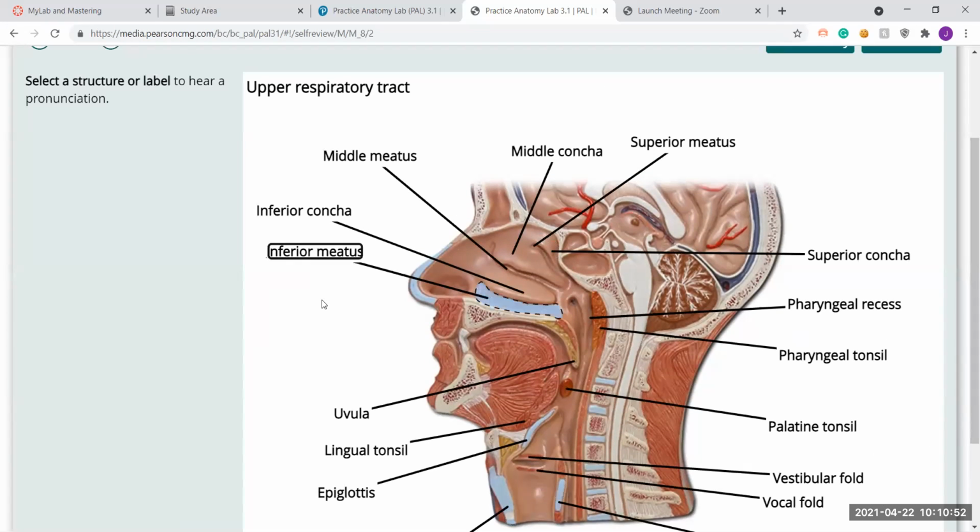And some structures in the nose, like the superior concha, middle concha, inferior concha, and then the meatus: superior meatus, middle meatus, and inferior meatus. These meatuses open into the sinuses of your head, in the bones.